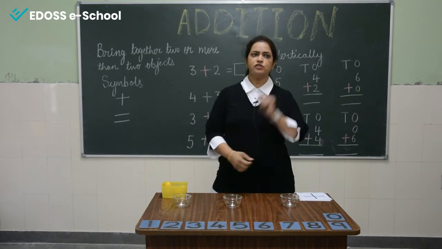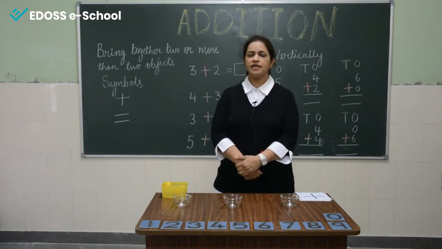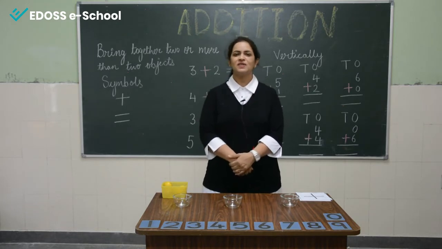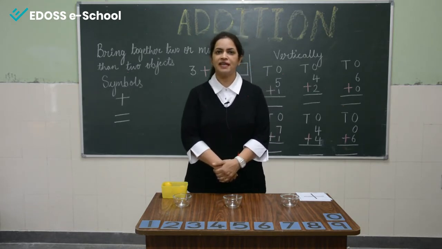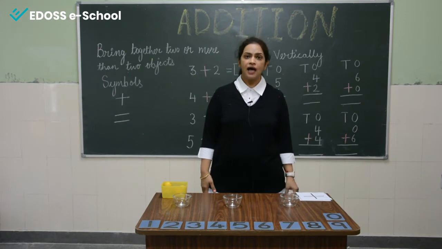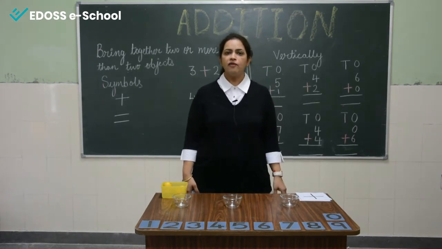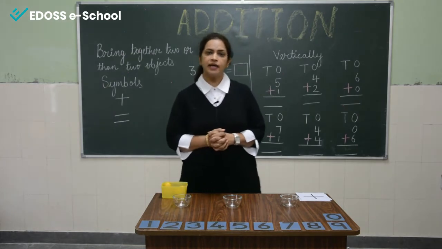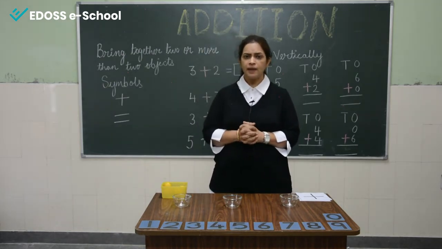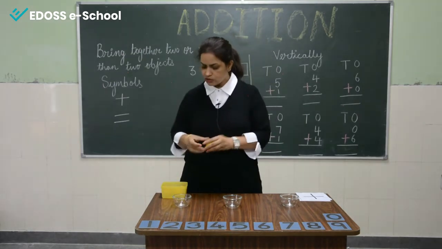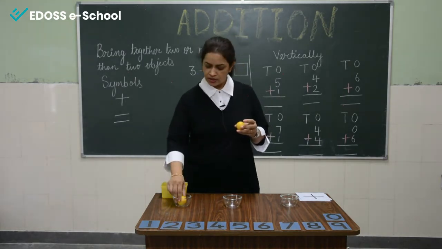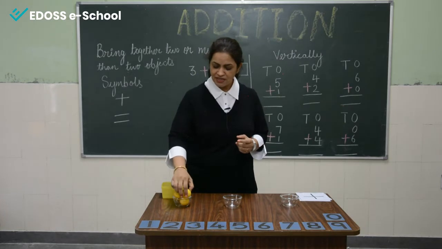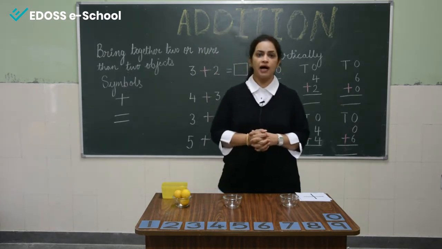But I would like to share one interesting incident with you all. Do listen to it carefully because there are a few numbers hidden in it. Last Sunday morning I went to a vegetable market, and I got a few lemons. I got 1, 2 and 3 lemons from the vegetable market.